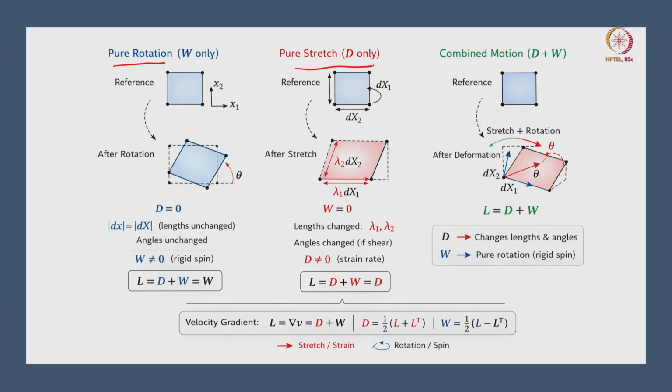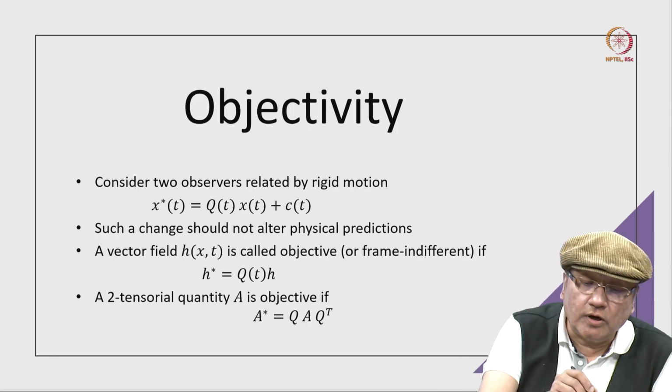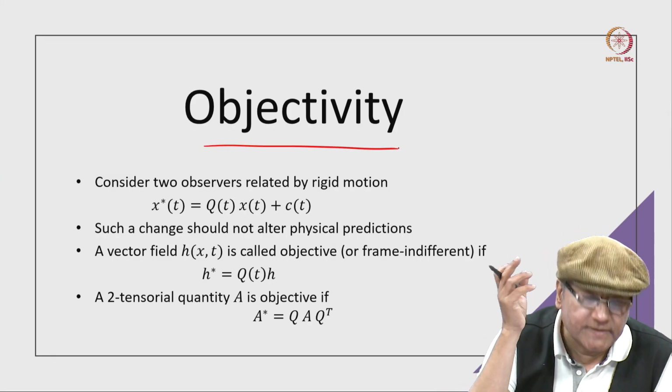Pure stretching means, in a generalized sense, both change in angle, starting from a square it becomes something like this, and the change in length also. And together if you combine these two, then you get something like this. So, this is just a pictorial representation of what is happening. Nothing very serious.